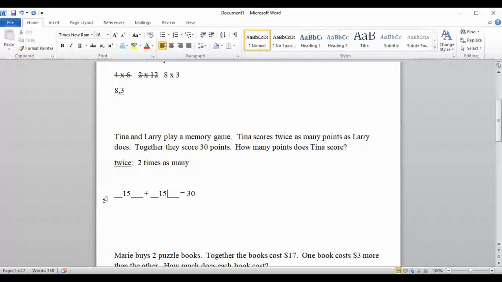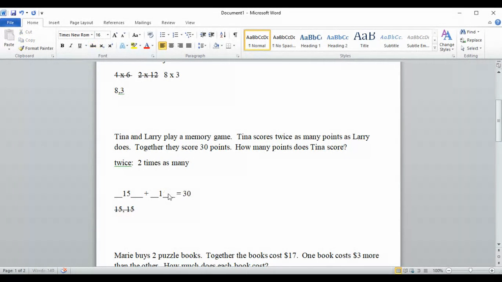And then I have to ask myself, because it says Tina scores twice as many points as Larry does, if this was Tina's score, well, if this is Larry's score, is this number 2 times as big? It's not. It's the exact same. So I know that 15 plus 15 is not going to work. So I'm going to put that down on my work paper here, and I am going to cross it out.